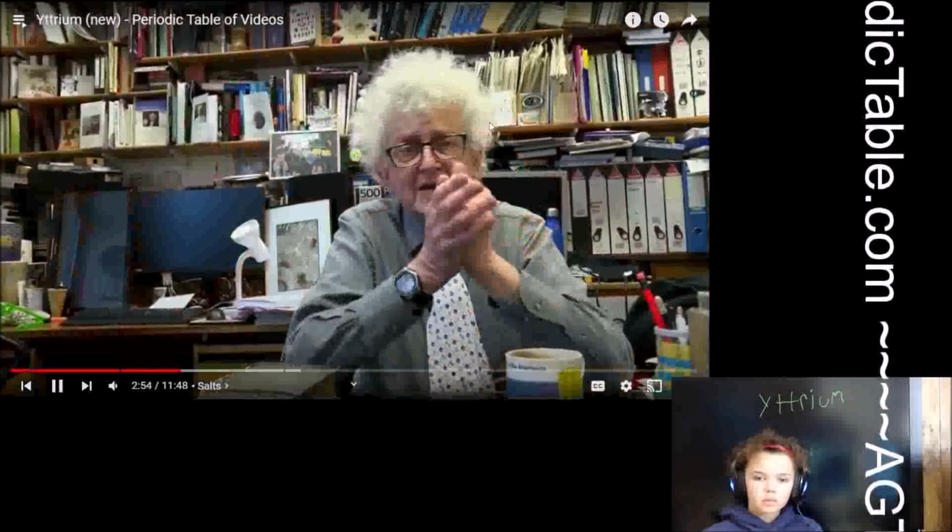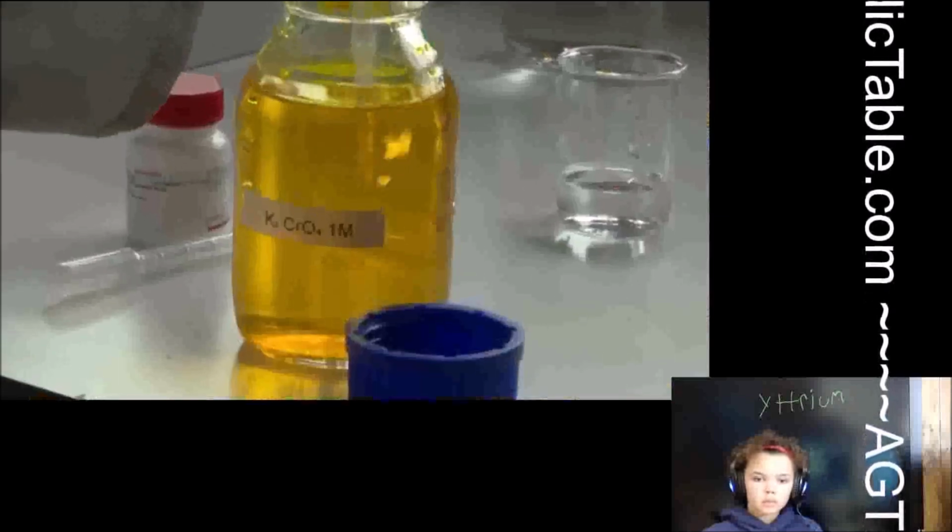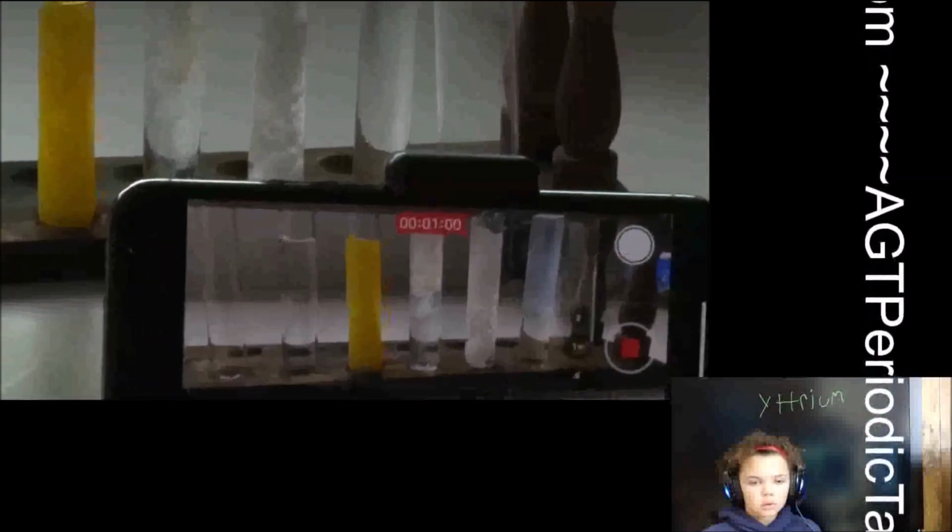The one I liked best was adding chromate solution, and something really strange happened. As the drops went in, chromate is a yellowy orange colour, a precipitate formed, which then seemed to redissolve. But as we put in more and more chromate, we got more precipitate, and eventually a yttrium chromate precipitate formed.